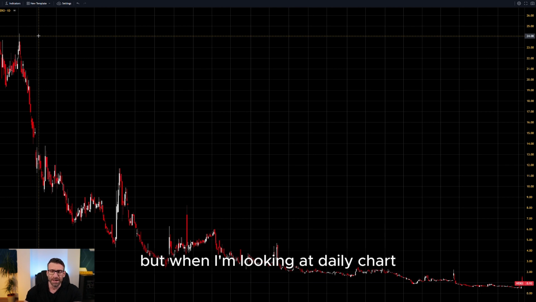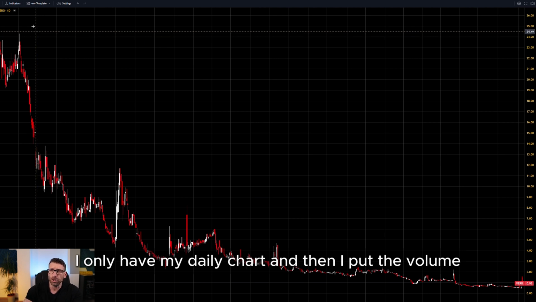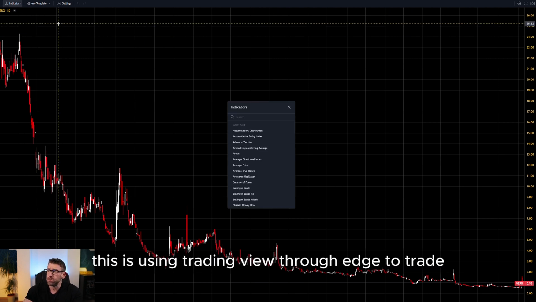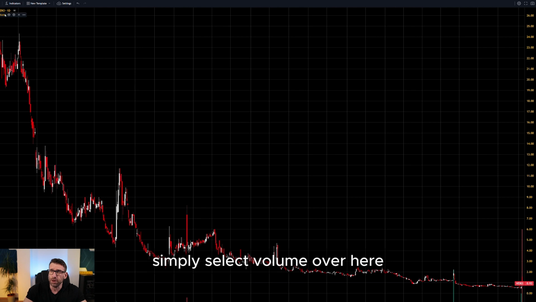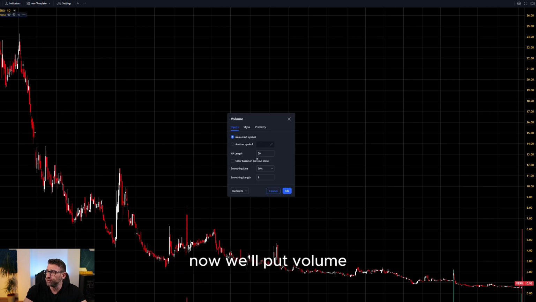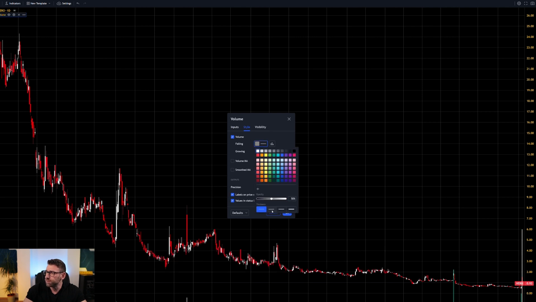But when I'm looking at daily chart, when I'm looking to trade small caps, I only have my daily chart, and then I put the volume. So I go to indicators. This is using TradingView through AS Trade. I start putting over here volume, simply select volume. Now we'll put volume. We can change over here the colors if you want. I like to put it gray.